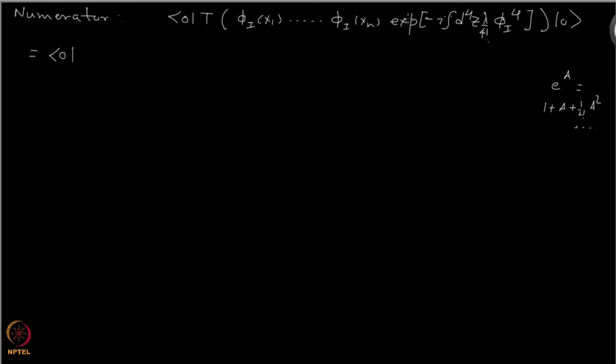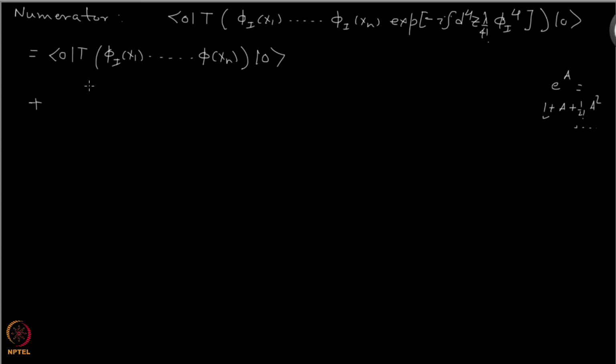So the first term of the exponential will be 1. So that's what I write here. So this is the first term you get. Then the second term comes with a factor of minus i lambda over 4 factorial.